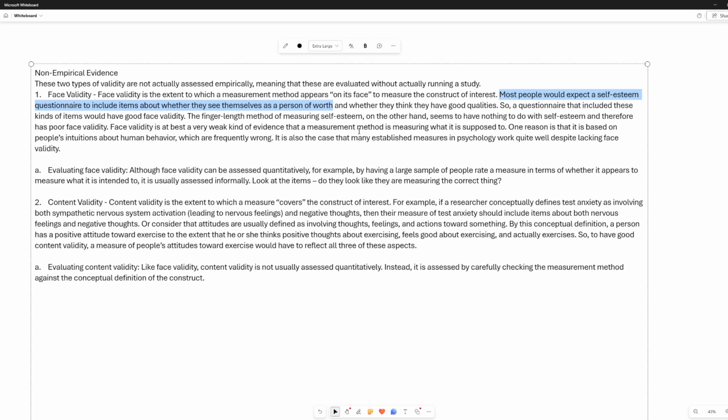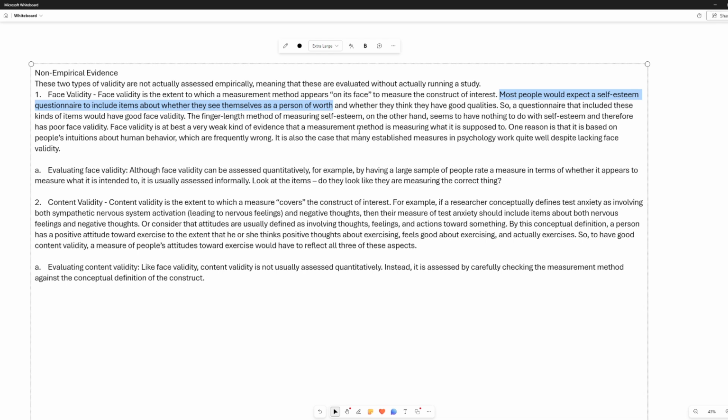If it's highly face valid, like if you just had an item that said, how racist are you on a scale of 1 to 7, people would know exactly what you're measuring and they might change their answer a little bit to appear more socially desirable, meaning that it's not their true measure. It's how they think society expects them to answer, or how they expect the researcher expects them to answer.